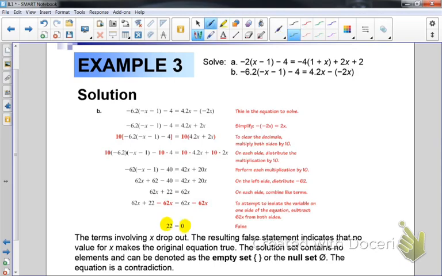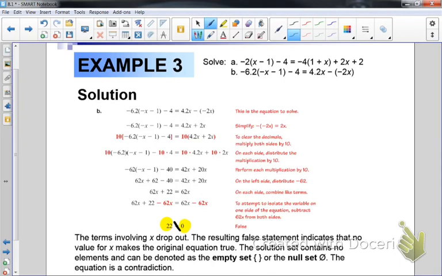So we cross out the equal sign, which tells us that they do not equal one another. That means we have the empty set or the null set, which means there are no solutions. This is not true. I cannot find a single x that, when I substitute it, makes these 2 statements true. That's what that means.